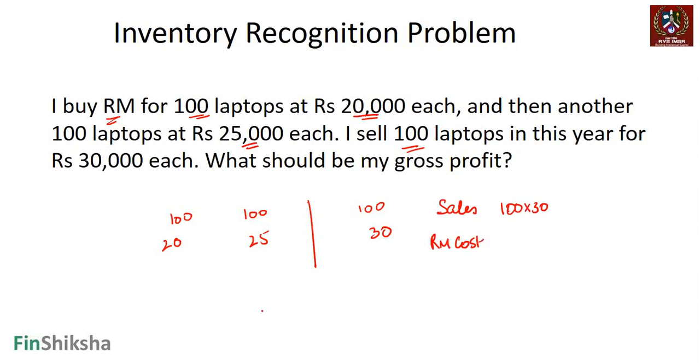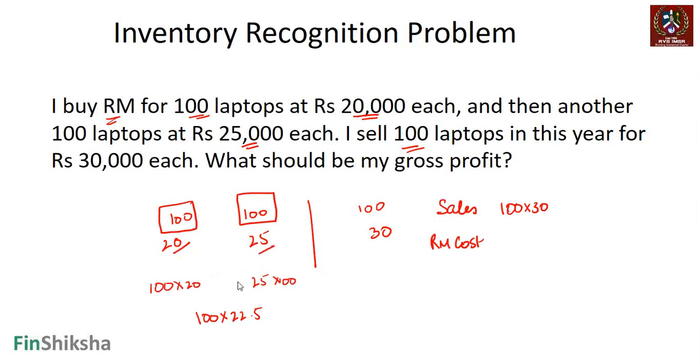Because if I assume that I have sold the first 100, then the raw material cost will be 100 into 20,000. If I assume I sold the second 100, then the raw material cost will be 25,000 into 100. And if I take an average of these two, then the raw material cost is 22,500. That's the half of 20 and 25.